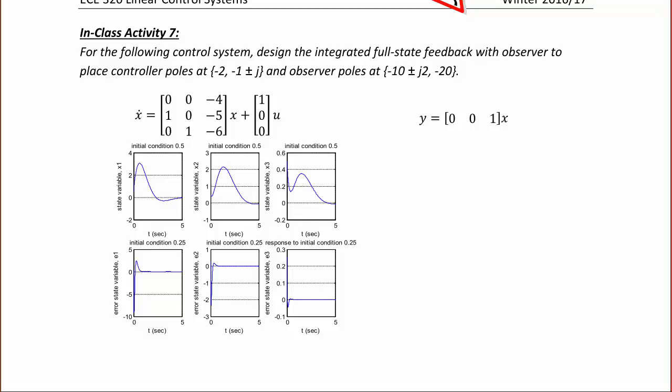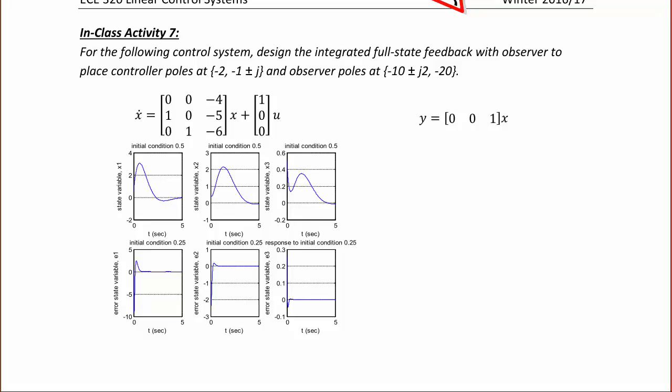So notice for this one that the dominant pole is -10 plus or minus j2, so it's actually significantly faster than the actual system. And if you look at the graph, you see this. So now we have our state variables, and our error almost goes immediately up to the final value, and that is because all of those values are a multiple of 10 greater than the controller poles for the actual system.